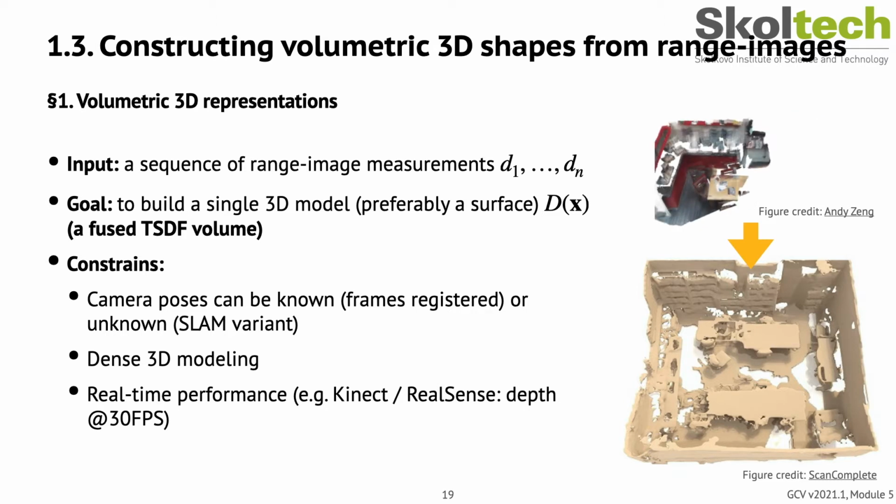All you need to do is compute a binary mask and so on. But volumetric depth fusion is typically more challenging, and we're going to review it. So the input here represents a sequence of range images, D1, D2, and so on, optionally with known camera poses, meaning that they're registered.